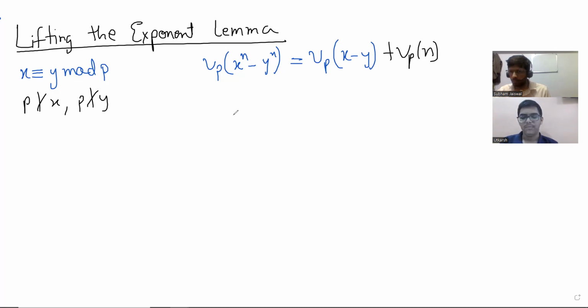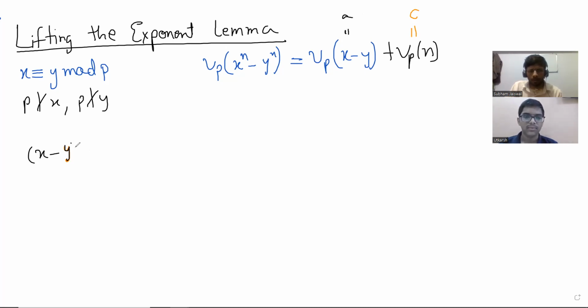I think I have proved it. Similar way only, like how we did it last time. First we expand by binomial, and then we are done. Let's say the highest power of p in n, that means VPN, is c. And the previous one is the same: VP of x minus y is a.